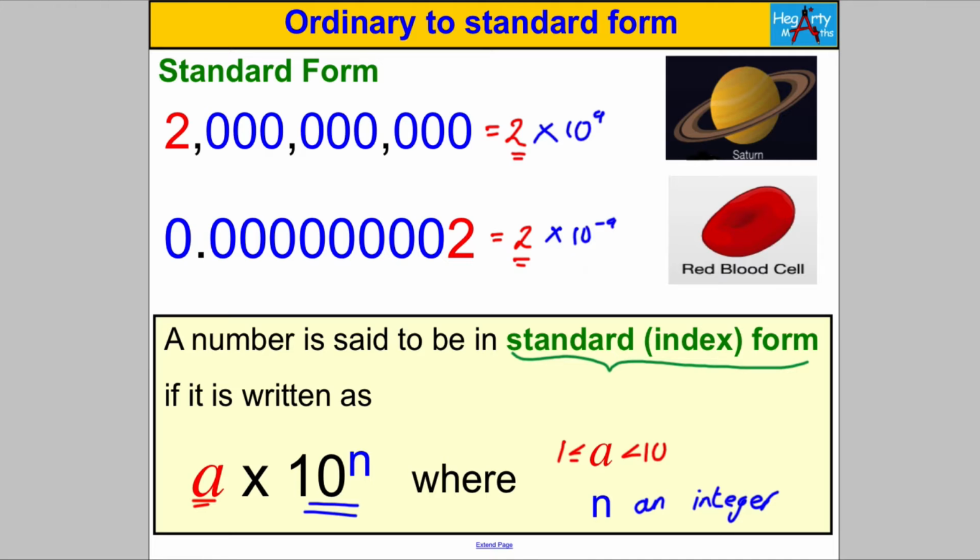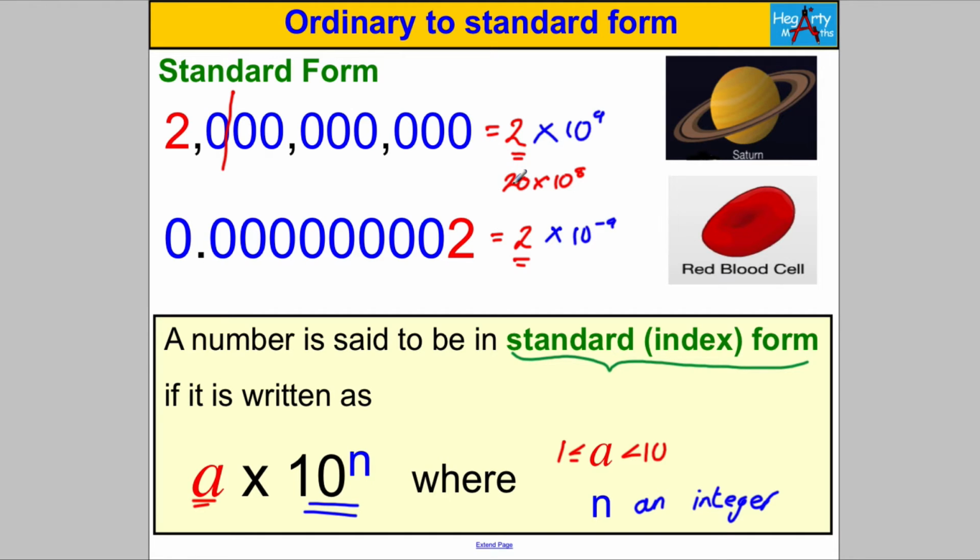Now, just before we move on, why does a have to be less than 10? Well, let me explain. Someone could say this is the same thing as, let's say, 20 times 10 to the power of 8. They could certainly say that if they decided to have the first number a to be 20. Now, if mathematicians all over the world decided, well, I'm going to use a between 1 and 10, and someone else said, well, I'm just going to make sure my a is between 1 and 100, etc., then it wouldn't be standard form, would it?